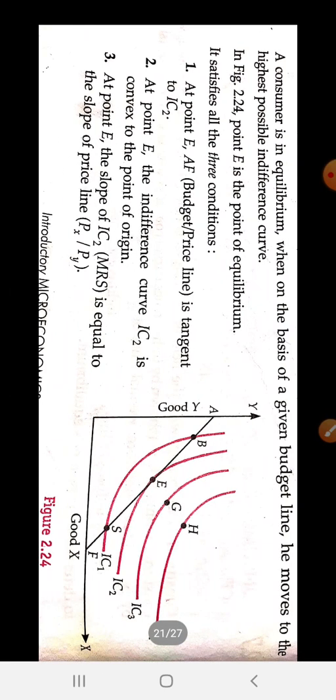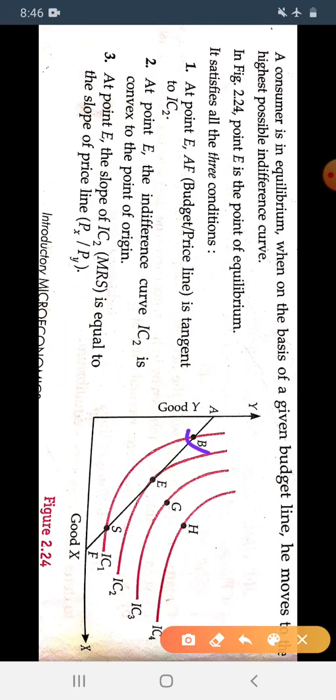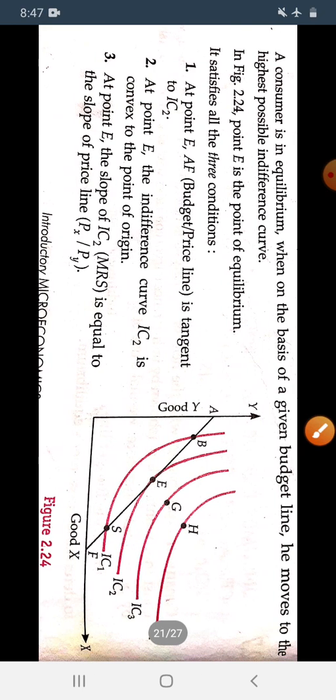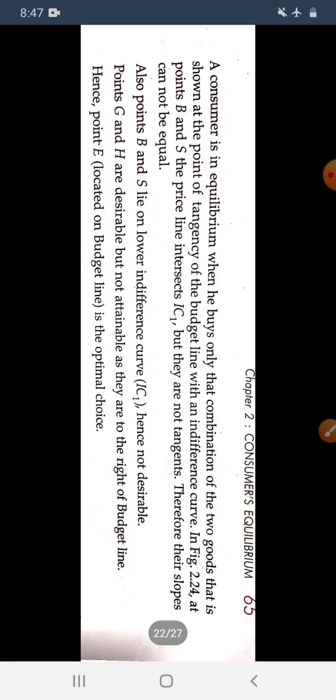Let's see points B and S. They are also points on the budget line, where the consumer consumes two goods with his given income, but the indifference curve is not tangent at these points, so they do not satisfy the condition of consumer equilibrium. Also, points B and S lie on the indifference curve, hence not desirable.